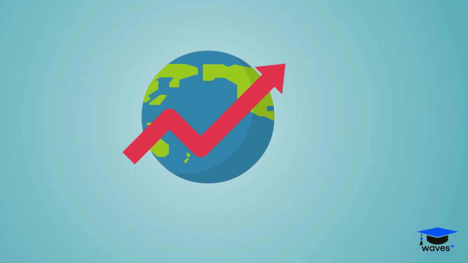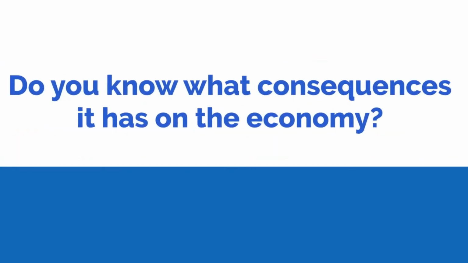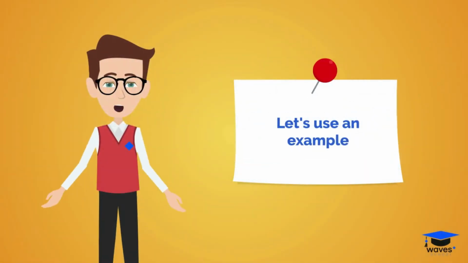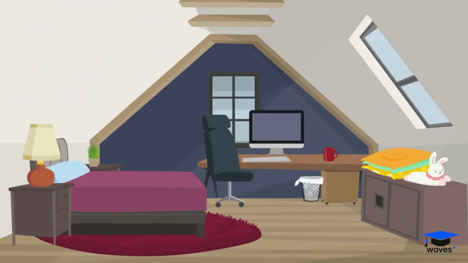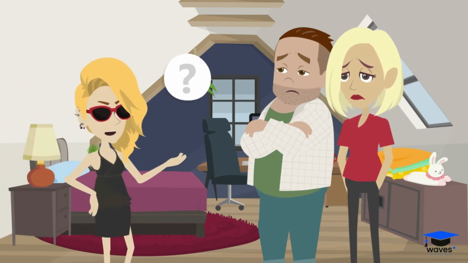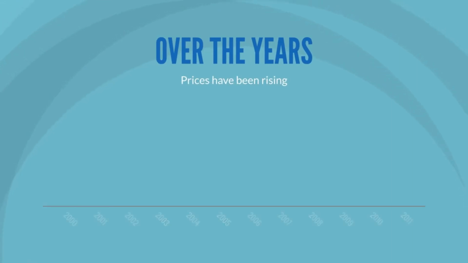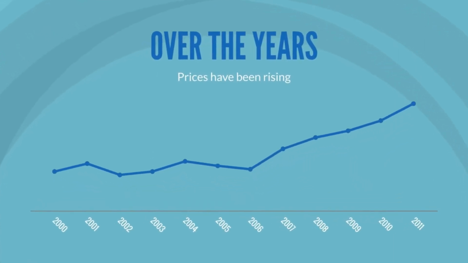By now you should know what inflation is, but do you know what consequences it has on the economy? Let's use an example. If you asked your parents about how situations like buying a house or getting a coffee have changed, they would probably tell you that they are more expensive today than in the past. With the passing of time, prices have been rising constantly.